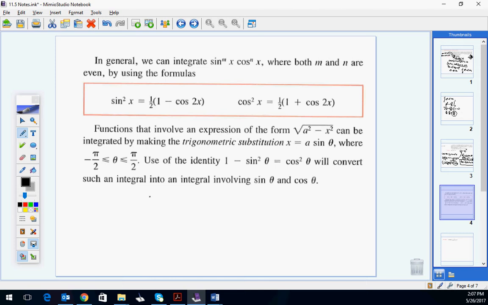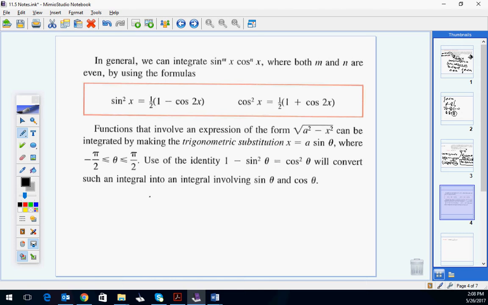Okay, so another issue is that, you guys see how they're saying that functions that involve an expression in the form of something squared minus something squared can be integrated by making the trig substitution of x equals a sine theta. The reason being is because 1 minus sine squared theta is cosine squared theta.